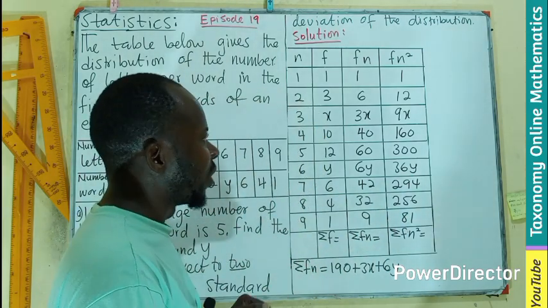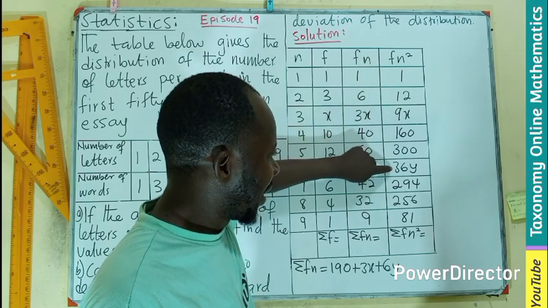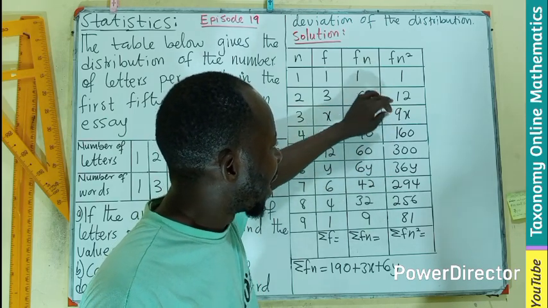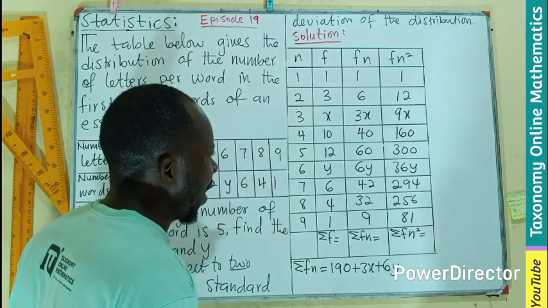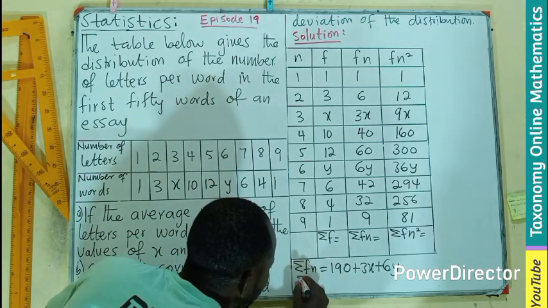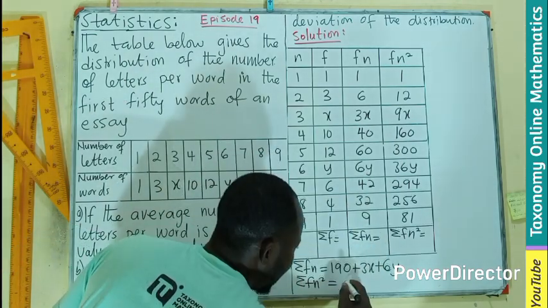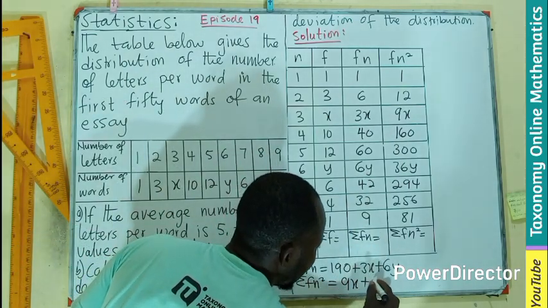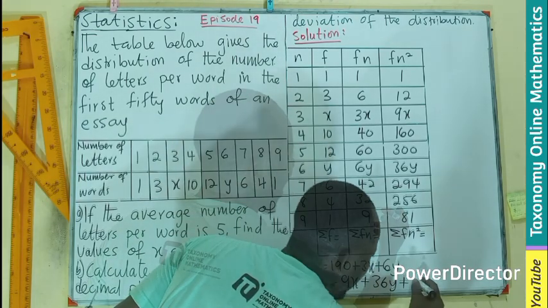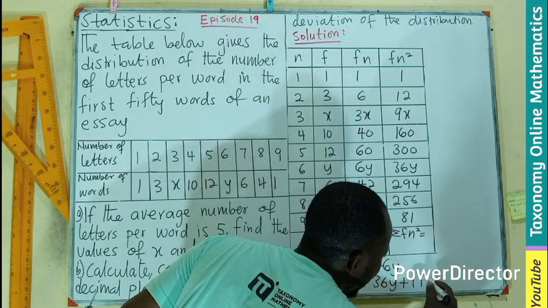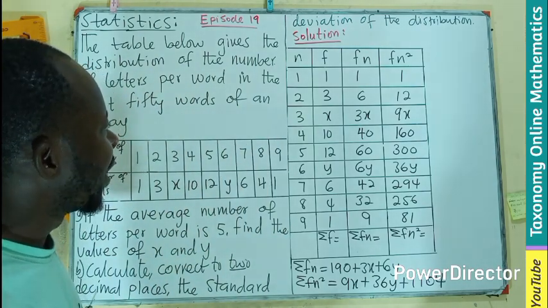Then 9 times 9 will be 81. So what we need to do again is to add these numbers together, then include the 9x and 36y, which will give us sigma fn squared, so let's maintain the 9x and the 36y, plus 1104. Alright, so what again do we need?